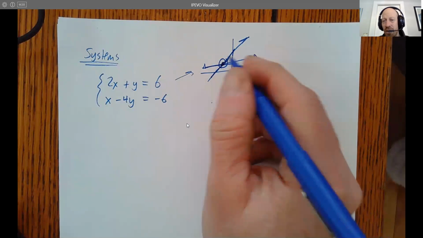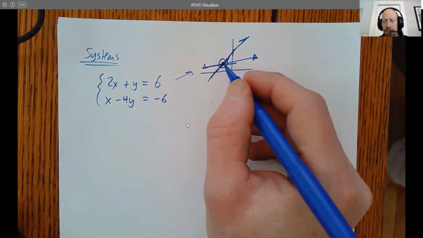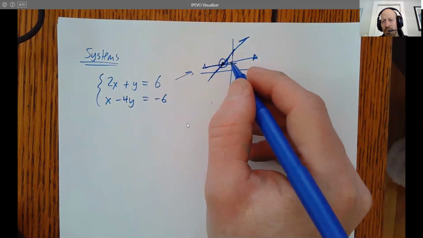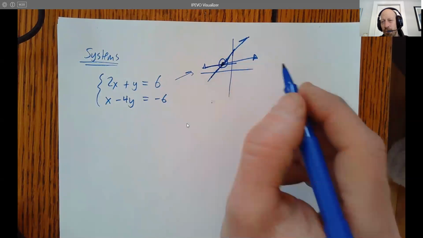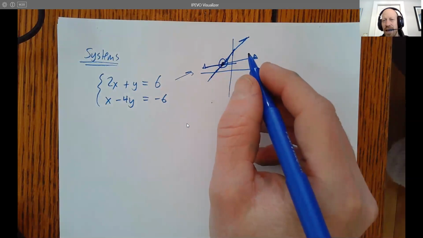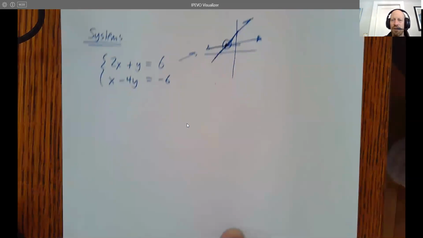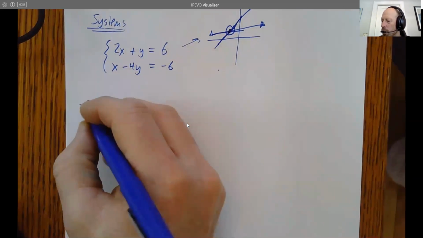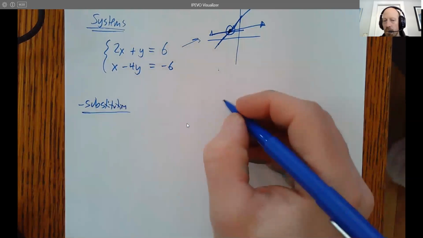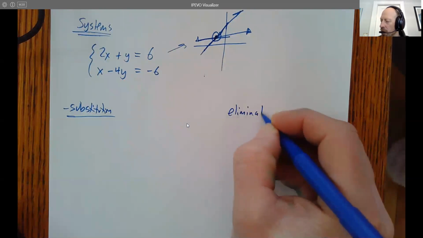Now, I haven't graphed the lines accurately, so I don't know where this point actually is. And even if you did graph the lines accurately, you may or may not be able to figure out what that point is. So the graphing method is good for the idea, but it's not so good for actually finding it. So for actually finding it, we want to use either what's called substitution or elimination.